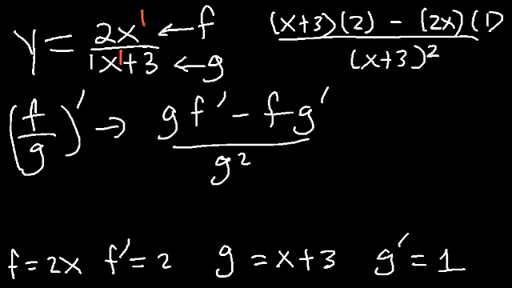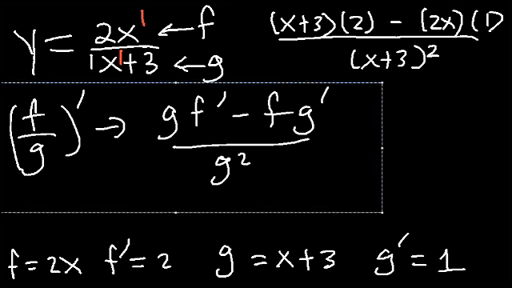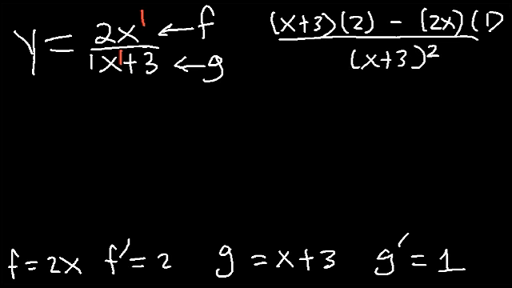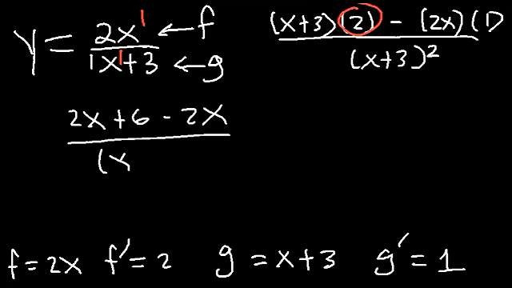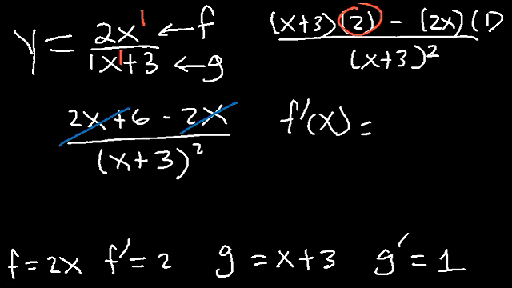So that's the first derivative, but let's go ahead and simplify it. Let's distribute the 2 to the x plus 3. So it's going to be 2x plus 6 minus 2x divided by x plus 3 squared. So we can cancel these two. Therefore, the first derivative is equal to 6 divided by x plus 3 squared.